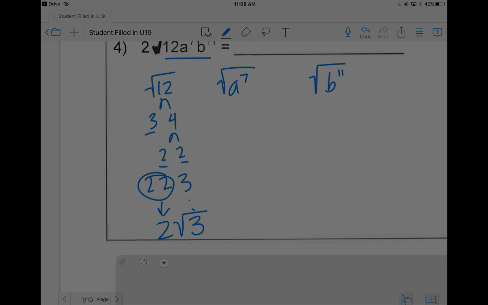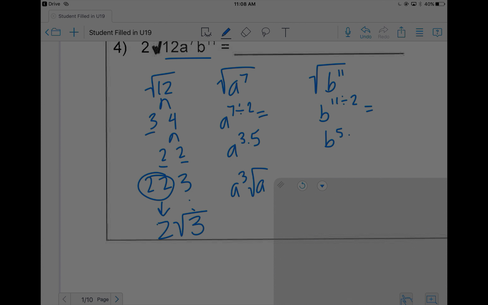With my letters, both of these are odd, so both of these will have something left under the square root. 7 divided by 2 is 3.5. So the 3 goes outside. The 0.5 tells me to leave something under the square root. B's, I have 11. 11 divided by 2 is 5.5.